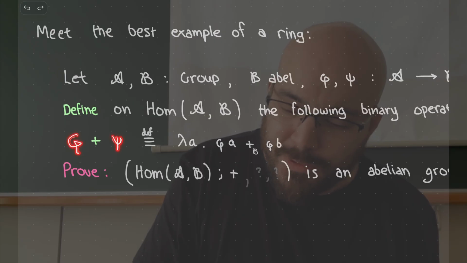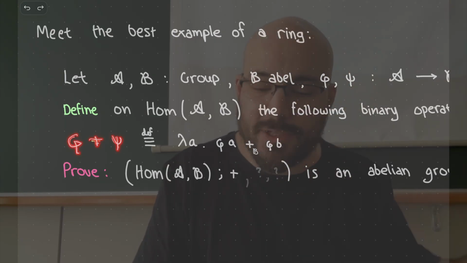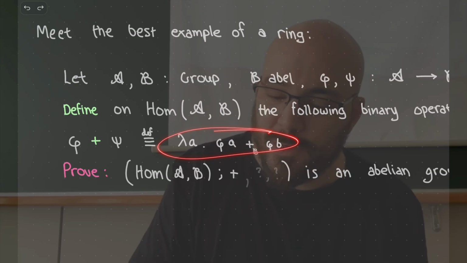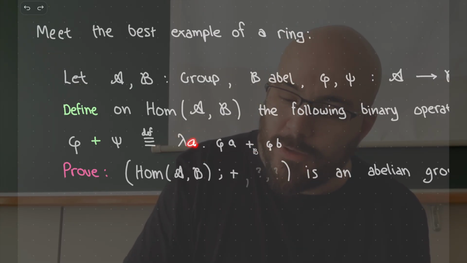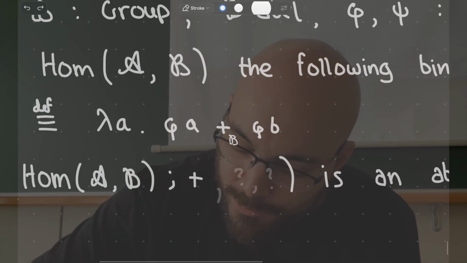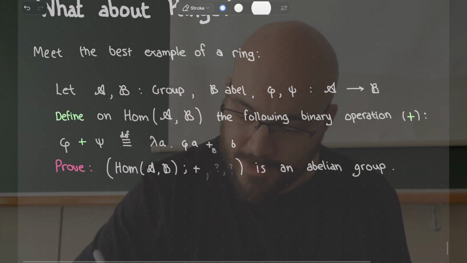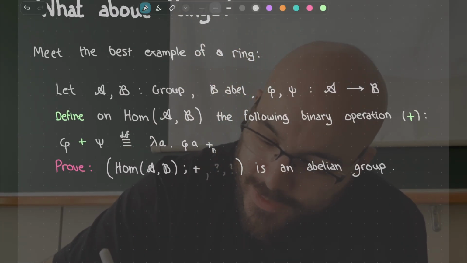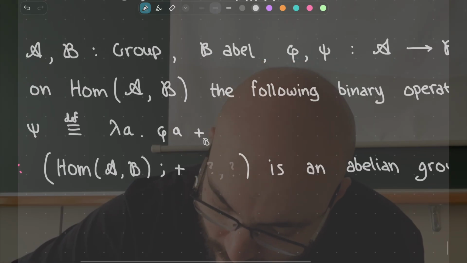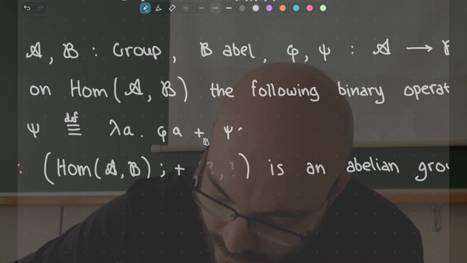Give me two homomorphisms and I will define the sum of these homomorphisms to be this thing. It's the homomorphism that picks an a, applies the first homomorphism to a, and the second homomorphism to this same element.